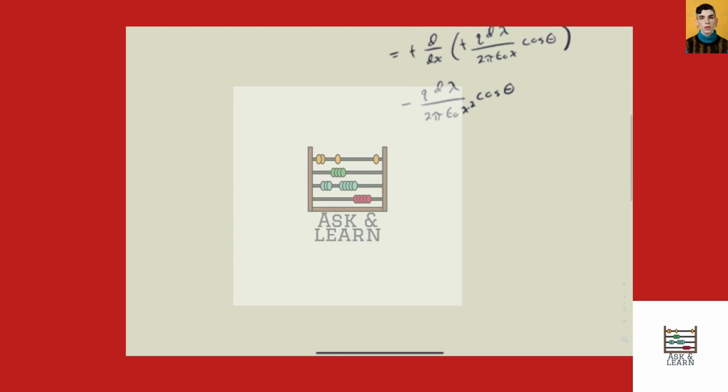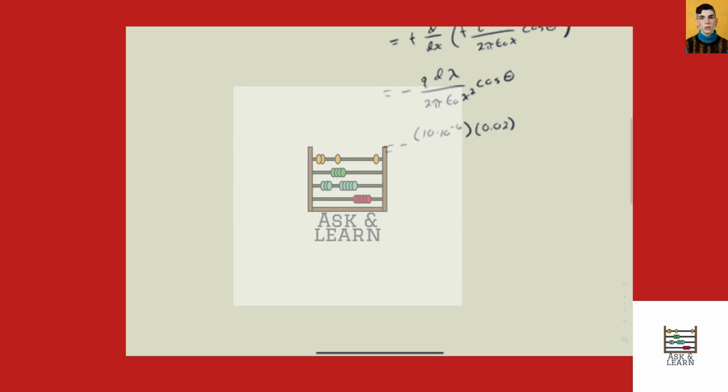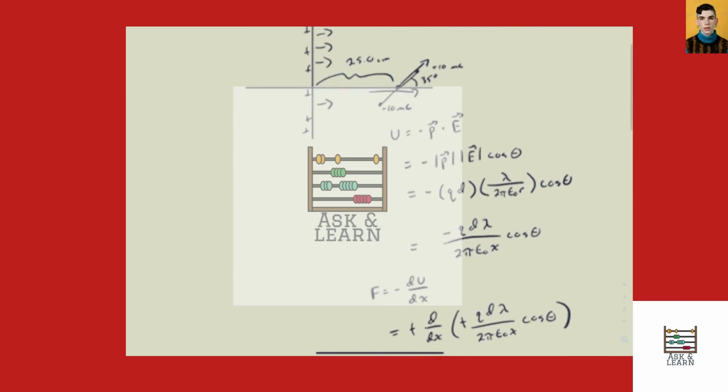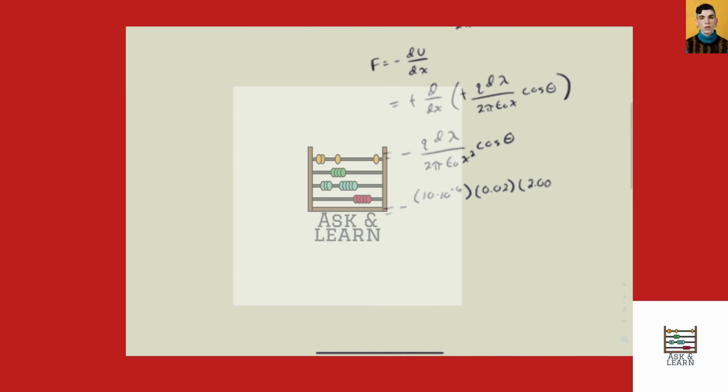Now we can plug in the numbers. Minus the charge is 10 microcoulombs, so that's 10 times 10 to the minus 6. The distance is 2 centimeters, which is 0.02 meters. Linear charge density is 2 microcoulombs per meter. So that's, again, 2 times 10 to the minus 6 coulombs per meter.